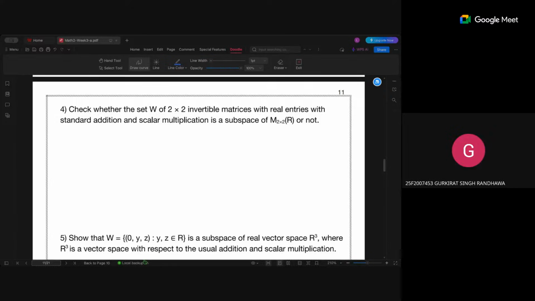Not, ma'am. Okay. So how are you saying that it is not a subspace? Not closed under addition, ma'am. So what are you using to say that it is not closed under addition?